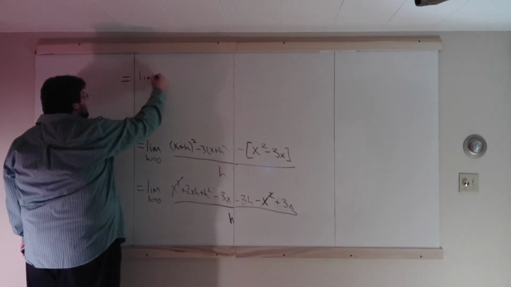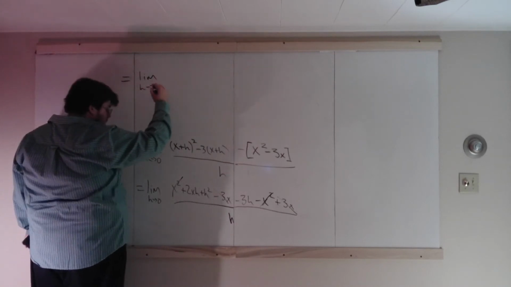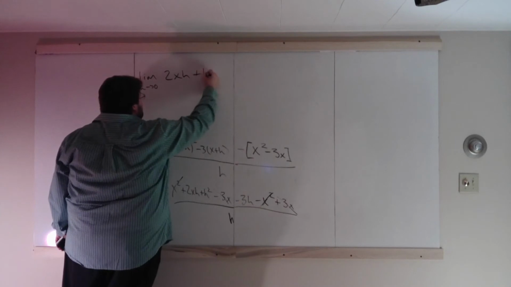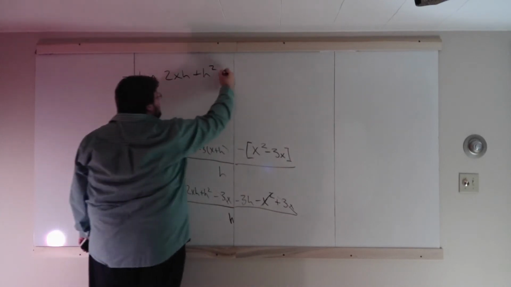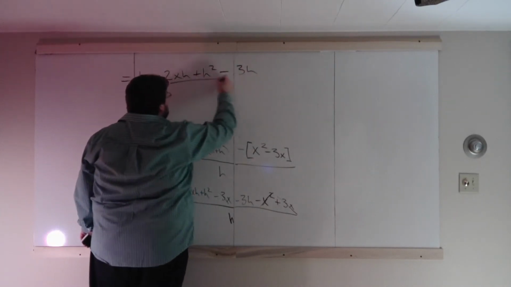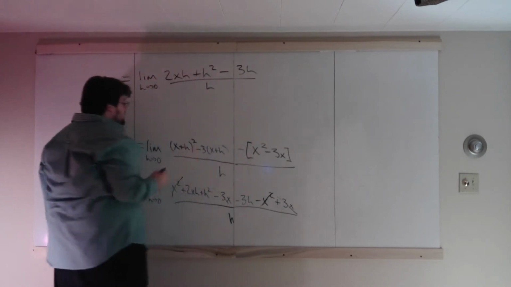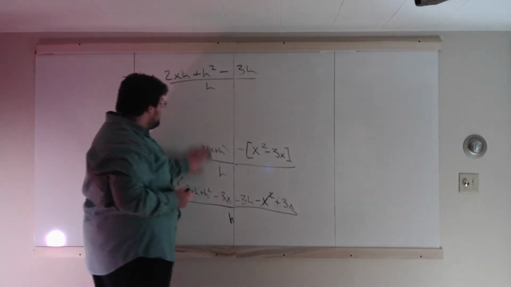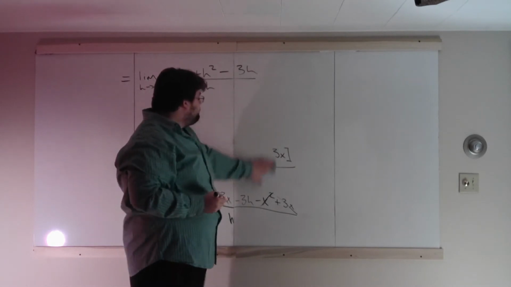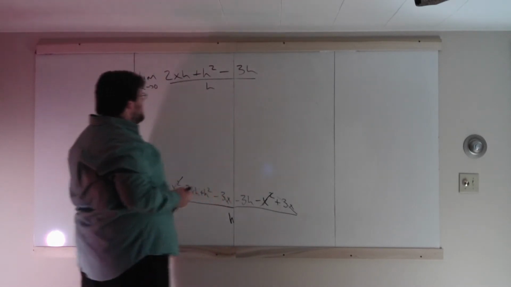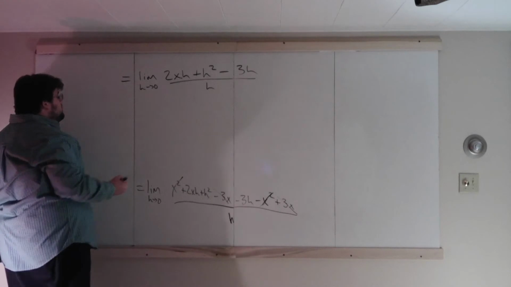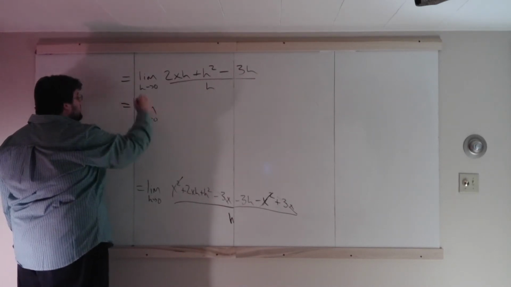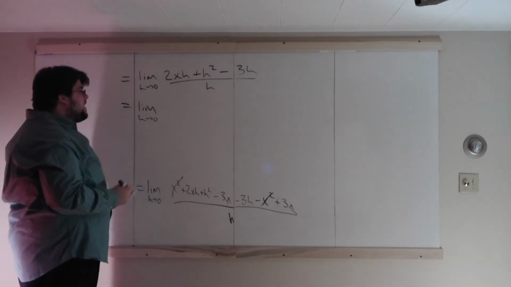And what are we left with? Limit, still haven't taken a limit, as h goes to 0 of 2xh plus h squared and a negative 3h, all over h. Well, we still can't substitute h equals 0 here, because you'd get 0 over 0. But what you can do is notice that all of the pieces have h's.